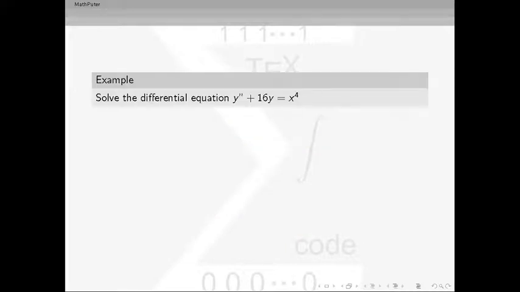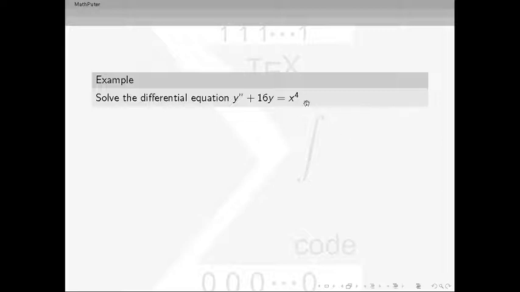Let us start the session with an example. We have the differential equation d2y by dx square plus 16y is equal to x raised to 4. Throughout this lecture, we shall not concentrate much on the complementary solution.